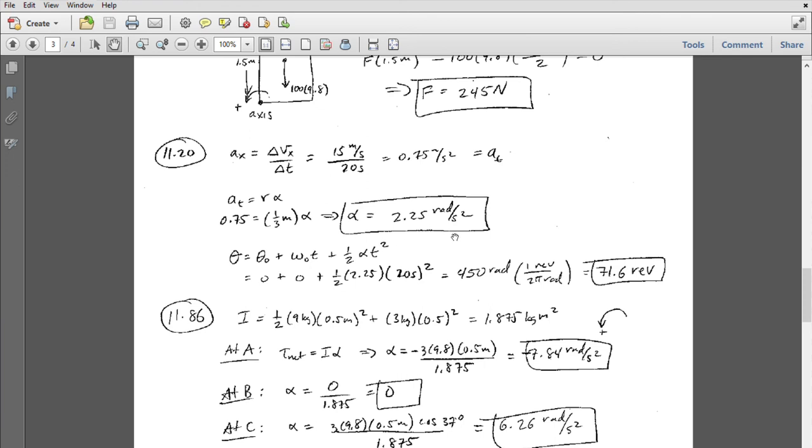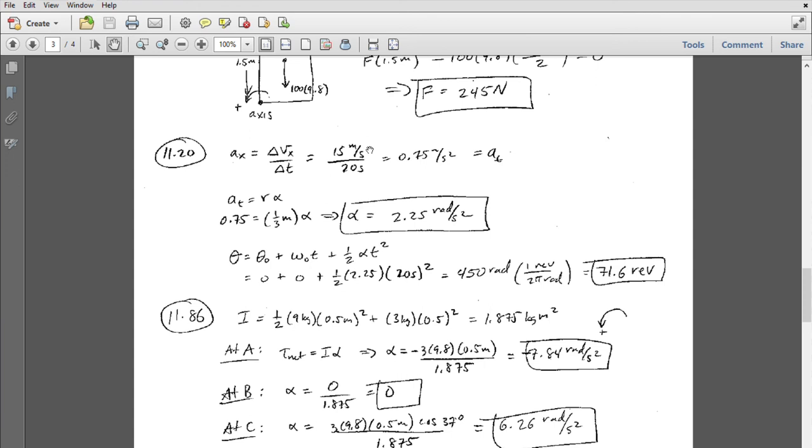If I were to explain this from scratch, not looking at this, I would have used V equals R omega instead. Remember, for rolling without slipping, we have V axis equals R omega. Doing that with the final axis velocity and the initial axis velocity, we can get the final omega and the initial omega of the wheels.